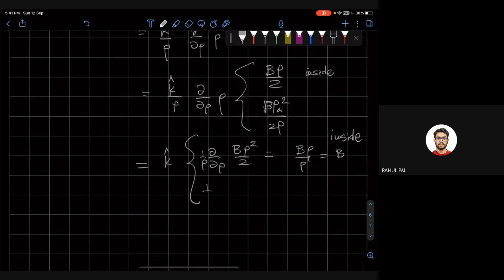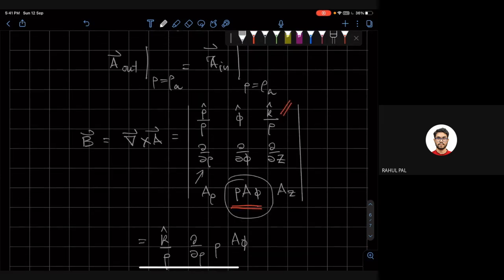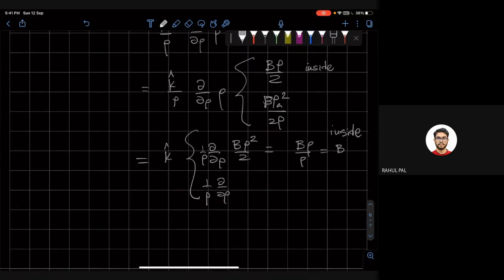And if you're outside, then d by d rho. Inside we have, because of this factor of rho that is multiplying A phi, a rho. What is A phi outside? A phi outside is B rho A squared divided by 2 rho.